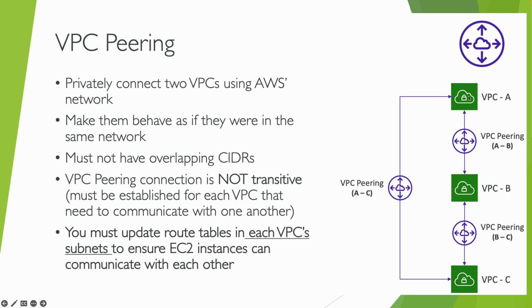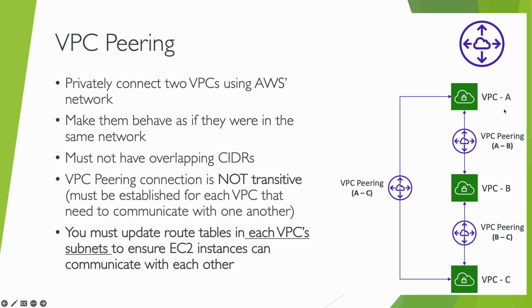Say we have VPC A and VPC B. If you want to connect the instances in VPC A with VPC B, we need to create a VPC peering between A and B, so that we can access all the instances in VPC B from A and A from B.